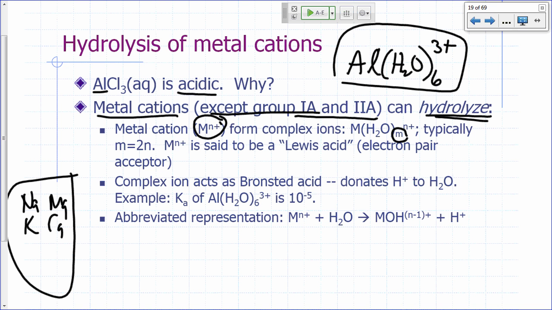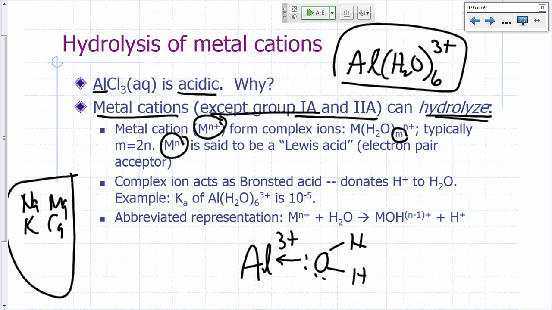Now, M plus N, the metal cation, in this case the aluminum, when it forms that bond with a water molecule, that bond is said to be a coordinate covalent bond. Think of a coordinate covalent bond as sharing of electrons where one of the two participants is like a freeloader.